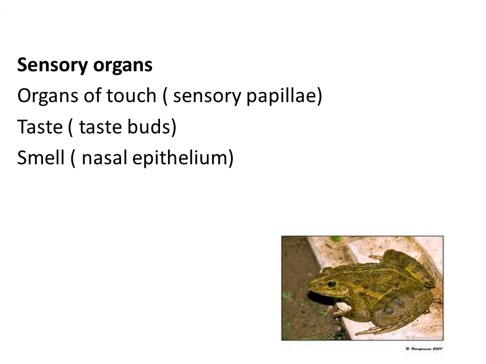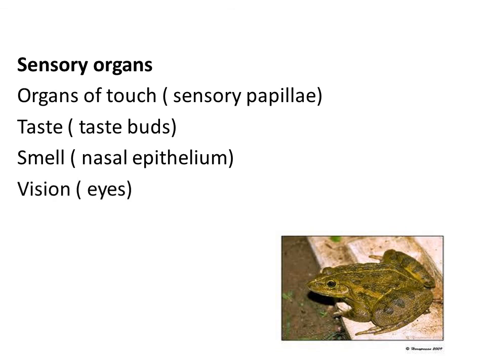They help to sense smell. So the nasal epithelium, taste buds, and sensory papillae are not well advanced sensory organs. Instead, they are just aggregations of cells. They help to sense some of the things.